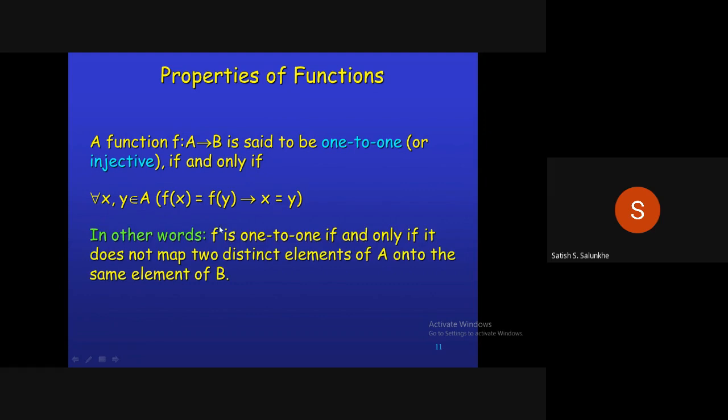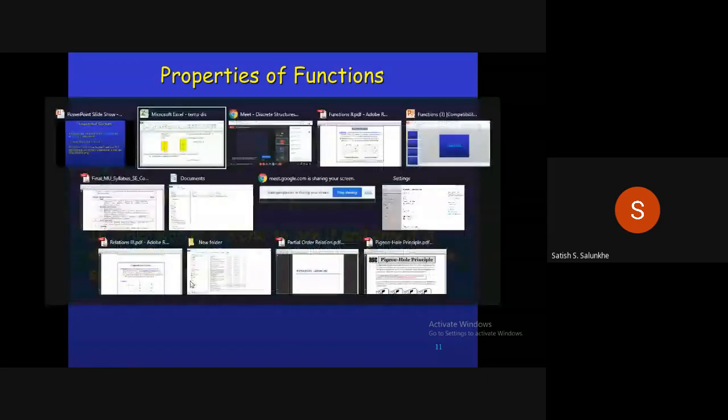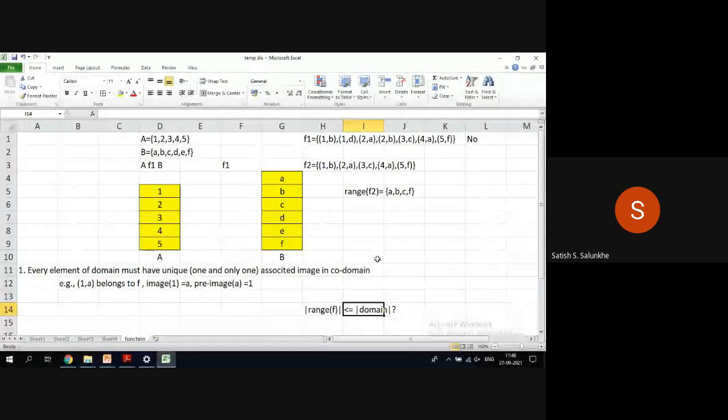In other words, f is 1 to 1 if and only if it does not map two distinct elements of A onto the same element of B. Okay? So coming back here, what does it mean? Now we need to answer, is it 1 to 1, yes or no? 1 to 1 is also called injective.